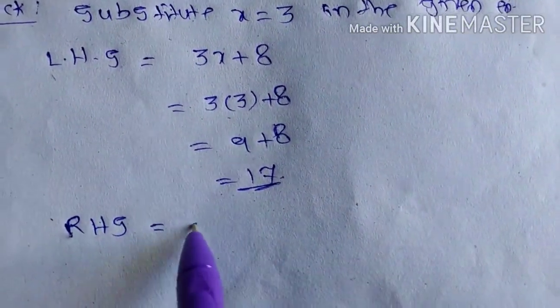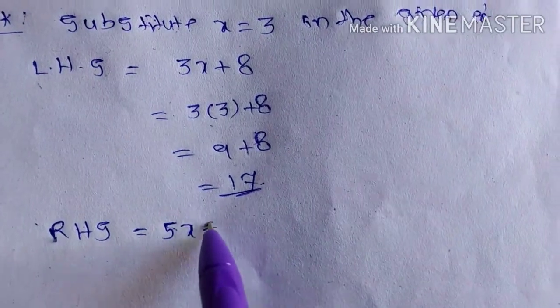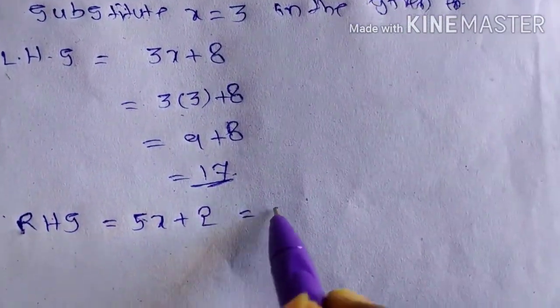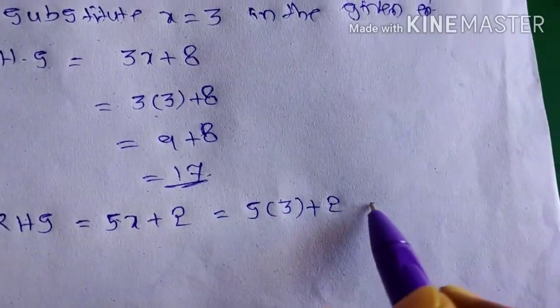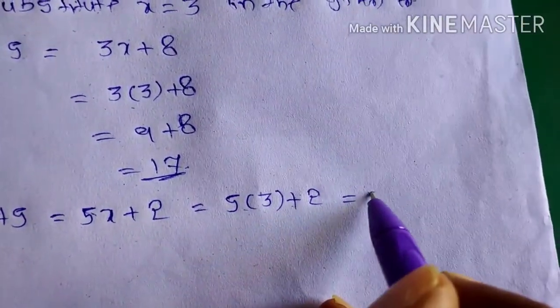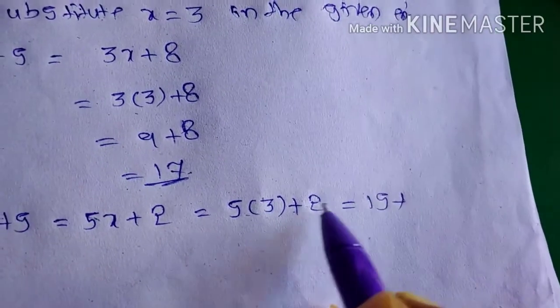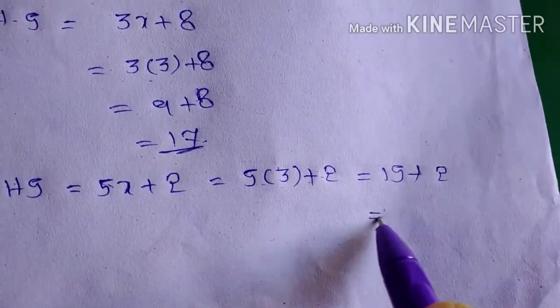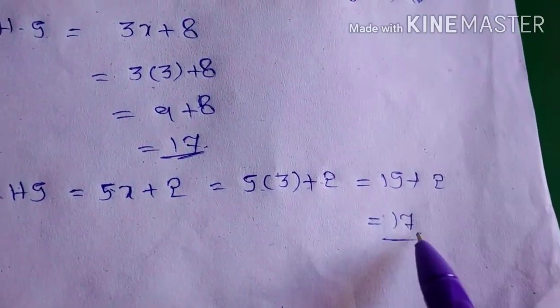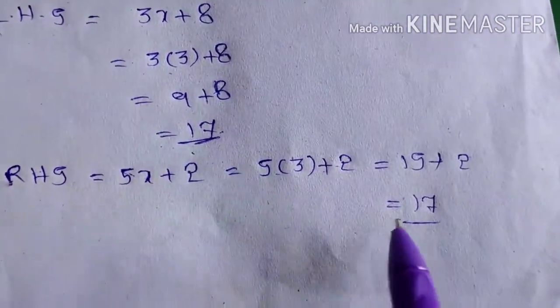RHS. See here, RHS value is how much? 5x plus 2. That means 5 into 3 plus 2. 5 threes is how much? 15 plus 2. 15 plus 2 is how much? 17 only. Yes or no? See, LHS 17, RHS also 17.